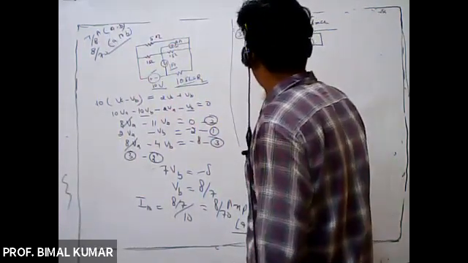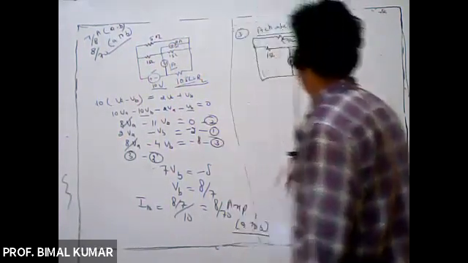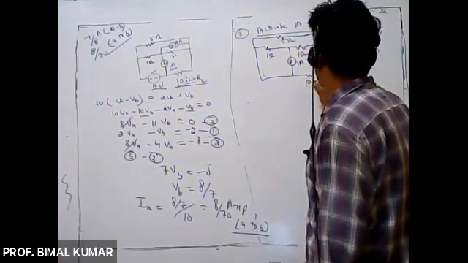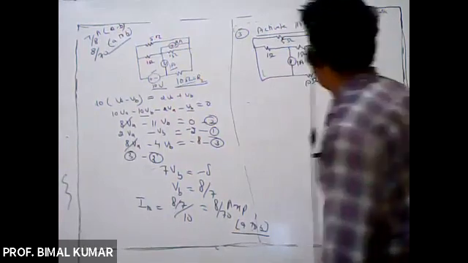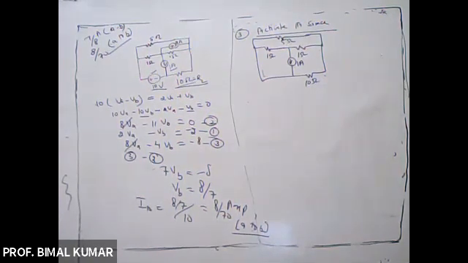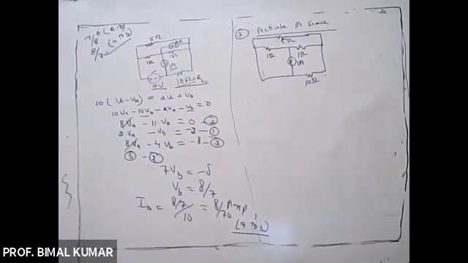This will be short circuit, and this will be 10 ohm resistance, right? Now this is the network when only this 1 ampere current source is just present.